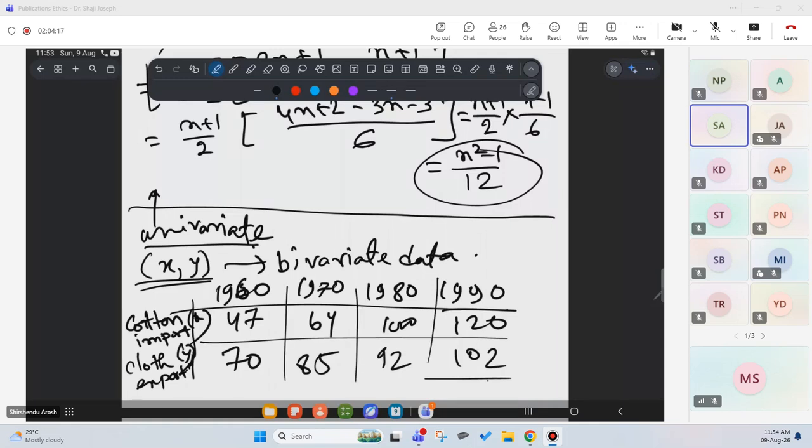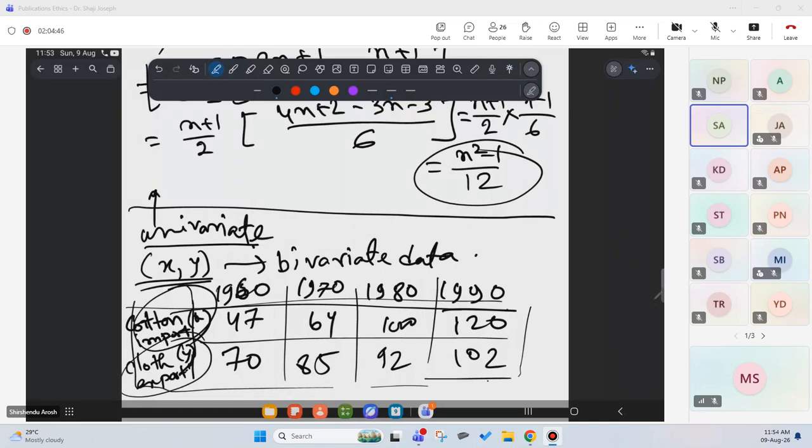Given that situation, or typically the time series data depending on time, if you have defined two different variables, that particular set of data is called bivariate data. Now the question would be how these two data are connected to each other.